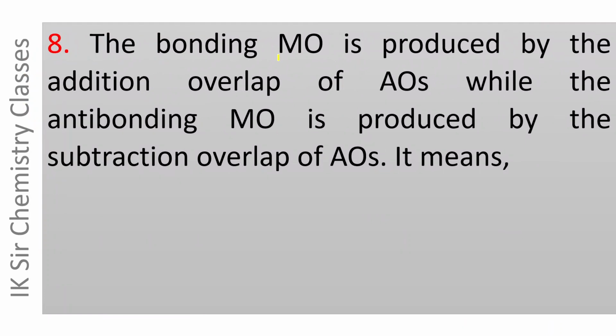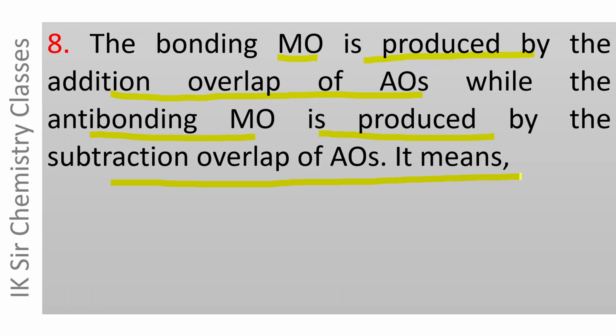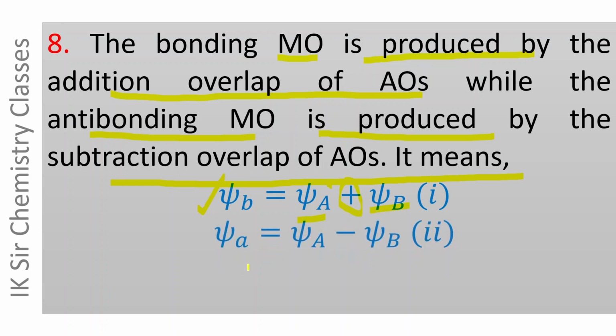The bonding MO is produced by the addition overlap of atomic orbitals, while the anti-bonding MO is produced by the subtraction overlap of atomic orbitals. It means bonding MO is produced by addition overlap of two atomic orbitals, while the anti-bonding MO is produced by the subtraction overlap of two atomic orbitals.